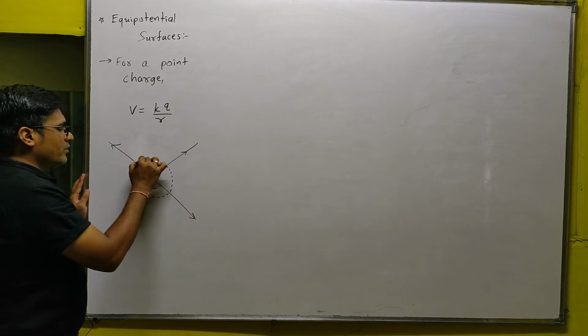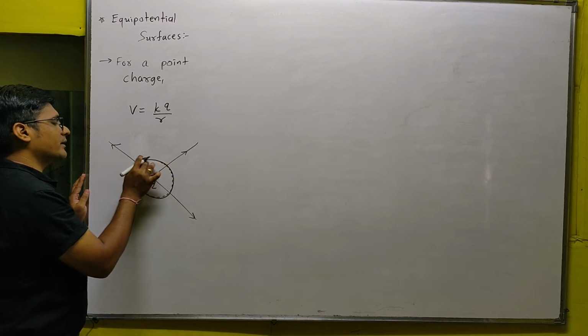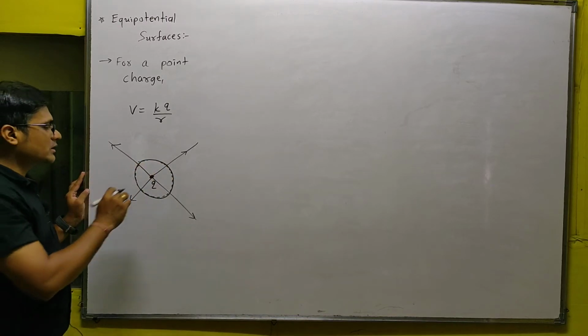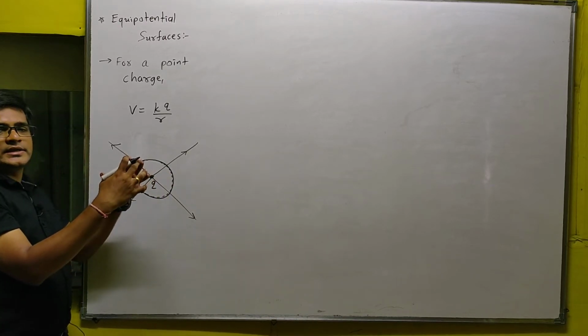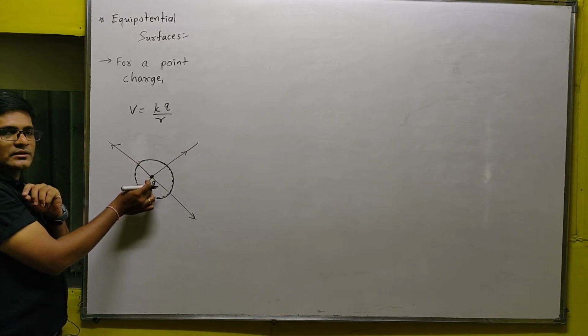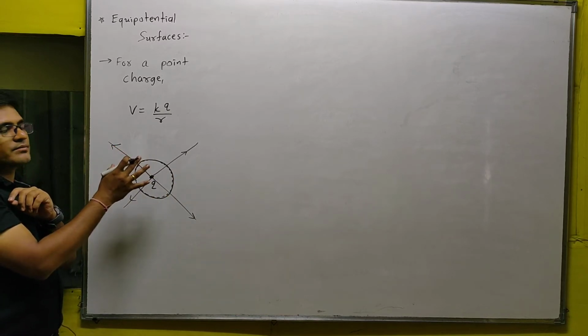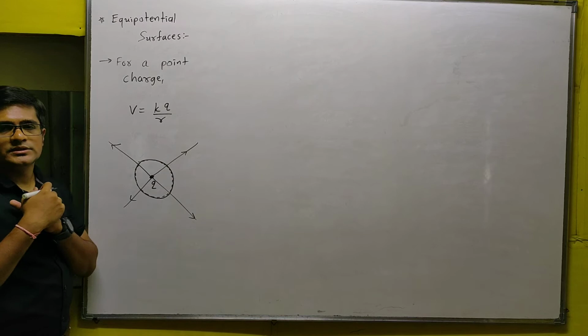So for a point charge, the equipotential surface is a spherical shell, because every point on this shell is at the same distance from the point charge, as the charge is at the center. So the potential at every point on this sphere is the same. This is called an equipotential surface.